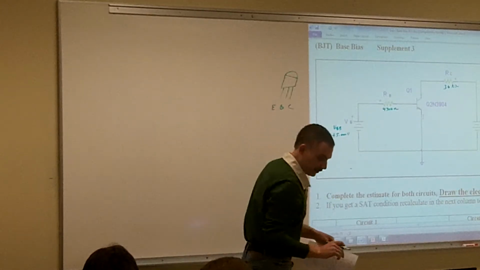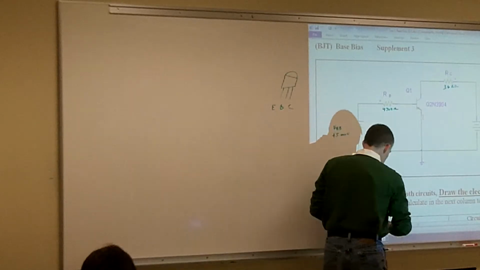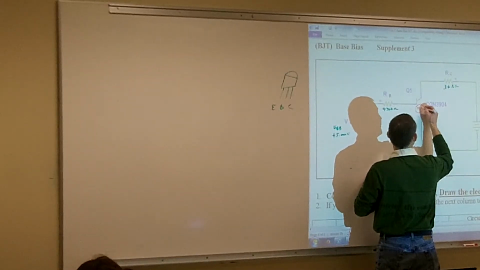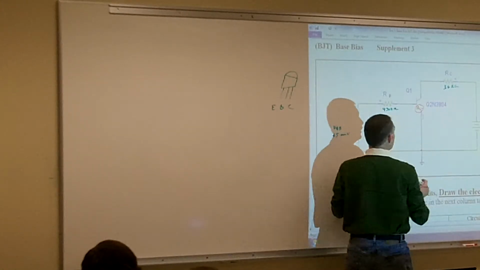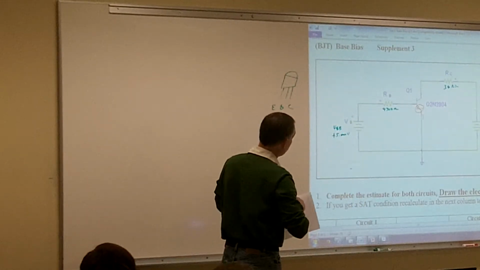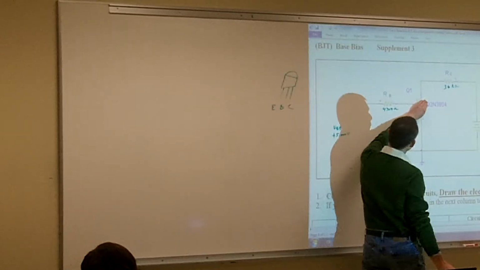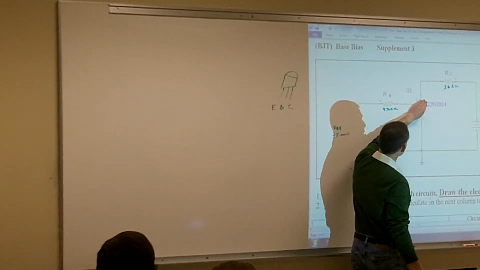So just like any other solid-state device, we need to circle our active component and put in our polarities inside there, so we know which way to bias it. Then we bring over our source voltages. From our base to emitter, we can treat that as an open.